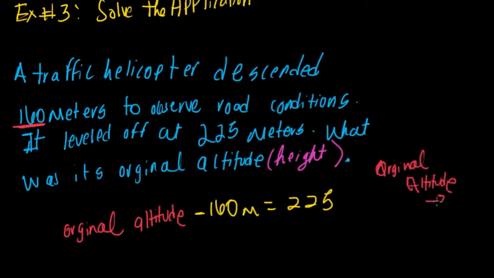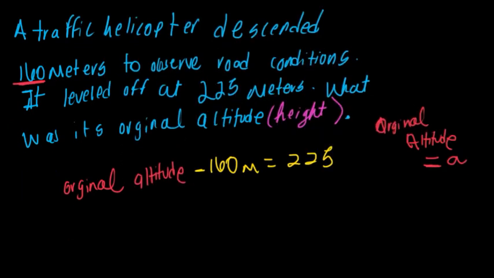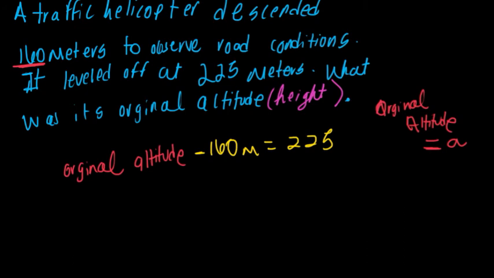We'll say the original altitude will equal A. So let's go ahead and solve this problem. We'll say that A, the original altitude, minus 160 is equal to 225, right?